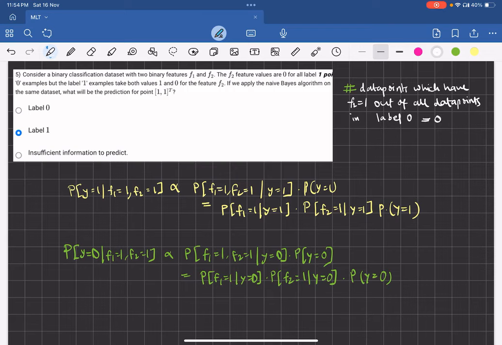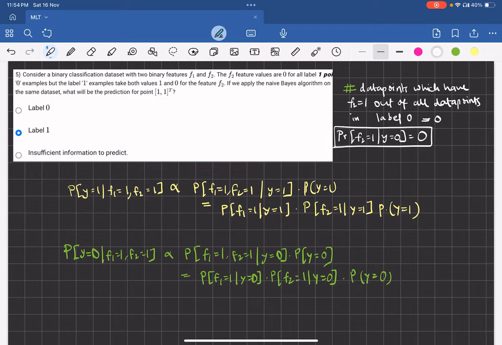That's what this first statement says, because all data points have got the value f2 to be 0, which means f2 equal to 1 is 0. There are no data points which have f2 equal to 1, which also means that the probability that f2 equals 1 given y equal to 0 is equal to 0, right?